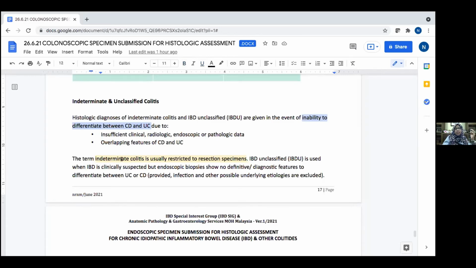A note on indeterminate and unclassified colitis is that you use the term indeterminate colitis for resection specimens. For IBDU, you can use it for mucosal biopsies when you see overlapping features or features that are not so clear, that you're not able to decide at that point.